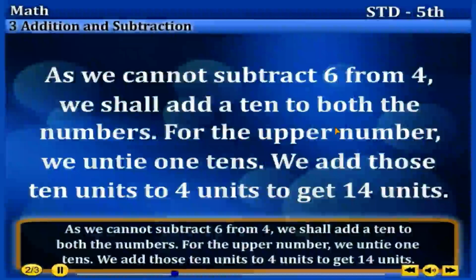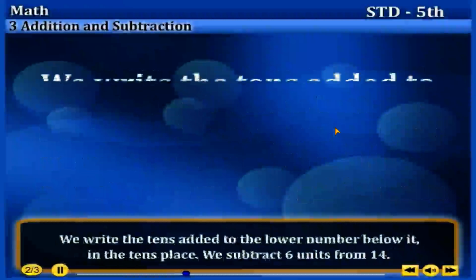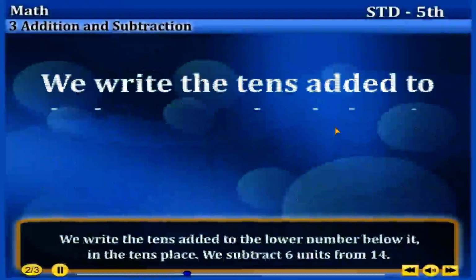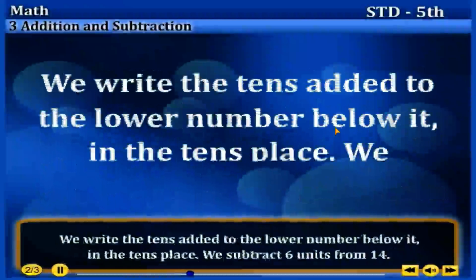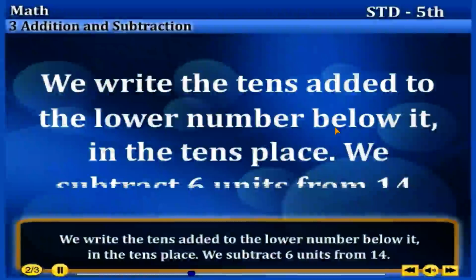We add those 10 units to 4 units to get 14 units. We write the ten added to the lower number below it in the tens place. We subtract 6 units from 14.